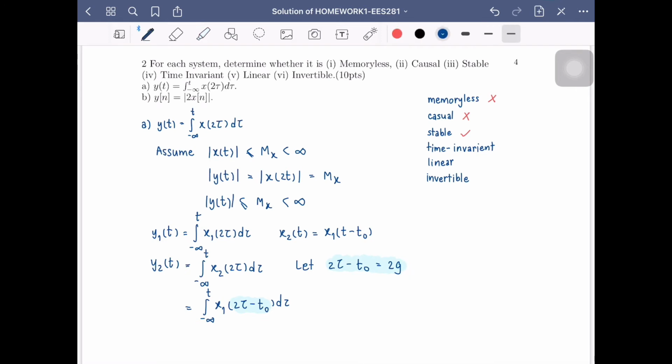Like we get 2 d tau equal to 2 dg, then d tau is equal to dg.